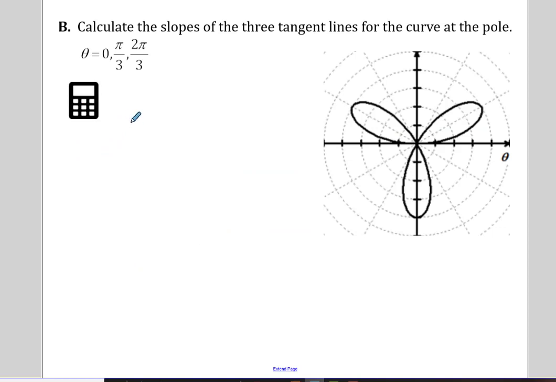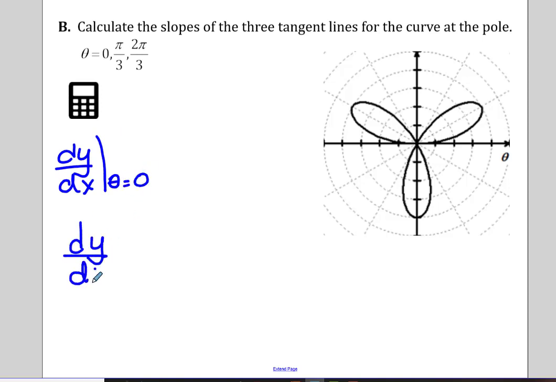We want to calculate the slopes of the 3 tangent lines for the curve. So here's the actual curve. We want to know dy/dx where theta equals 0, and we want to know dy/dx at the other polar zeros. So we're looking at polar curves, the polar zeros. Where are those polar zeros?